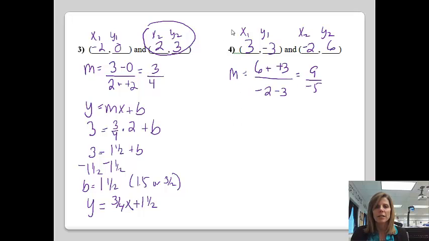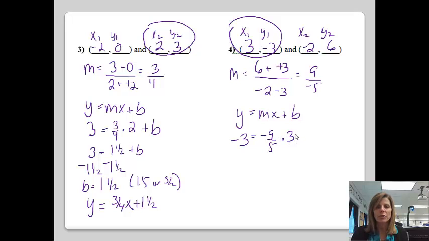I think I'll just stick with the first point this time. Again, although it doesn't matter at all, I have y equals mx plus b. So my y value is -3, equals my m, which is -9/5, times my x, which is 3, plus b. So then I'm going to have -3 equals -27/5, but if you're using your calculator, you'll get -5 2/5, plus b.